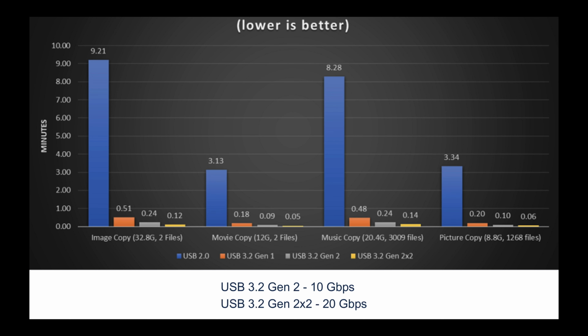USB 3.2 Gen 2 can provide up to 10 gigabits per second, whereas USB 3.2 Gen 2x2 can provide up to 20 gigabits because USB 3.2 Gen 2x2 has two lanes, whereas USB 3.2 Gen 2 has one lane. Due to the extra lane, USB 3.2 Gen 2x2 can provide twice the speed of USB 3.2 Gen 2.